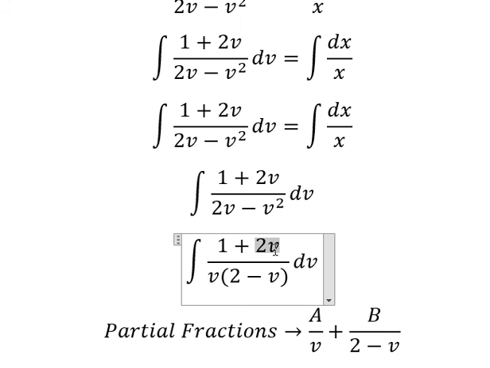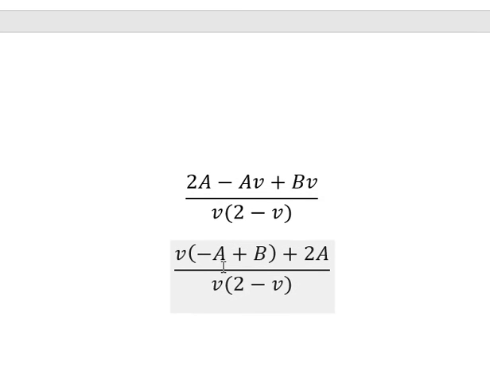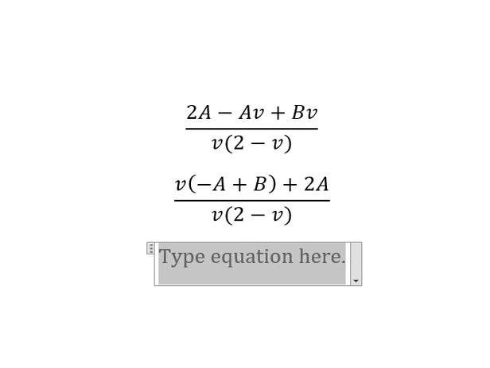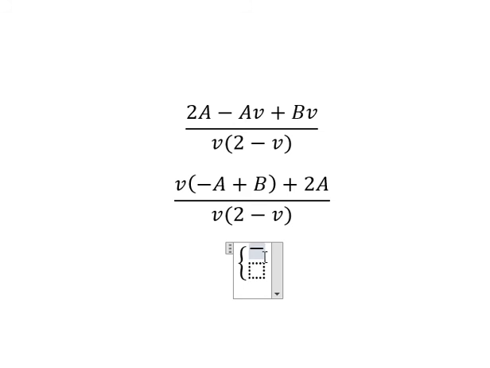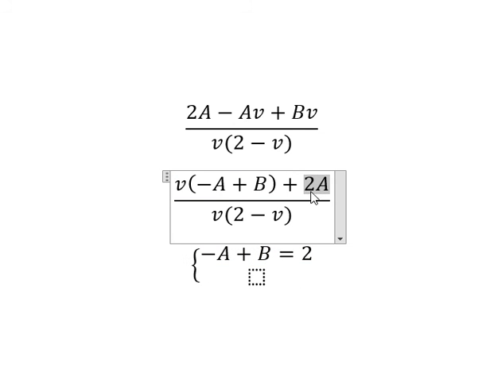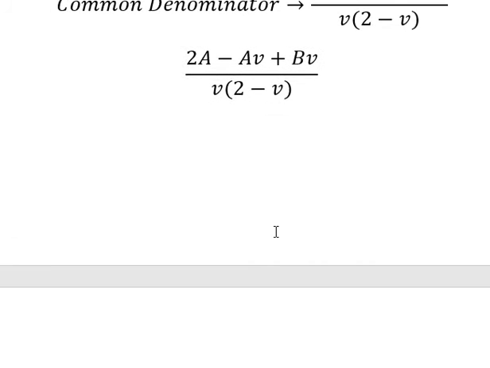We have 2v, that means negative A plus B equals number 2. About this one, that is about the numbers, we have 2A equals number 1.